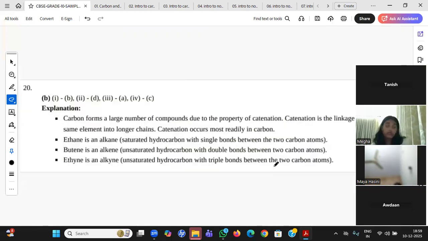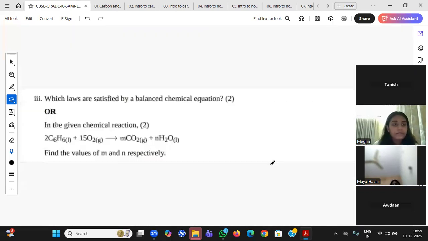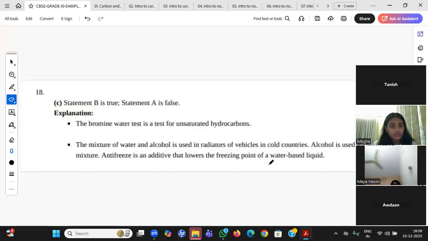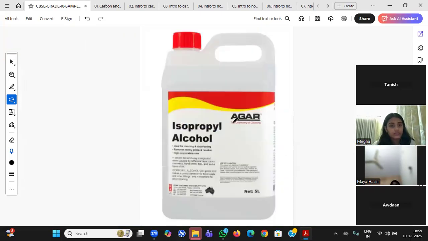But it is widely used in industries, for cleaning. Like during the COVID times, we were all sanitizing with the help of alcohol that kills the germs. So for cleaning also, it is used in many places, students.